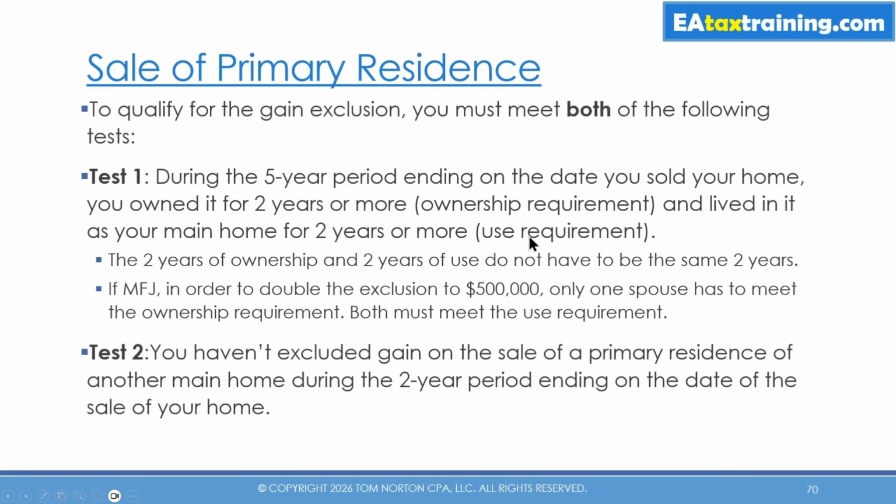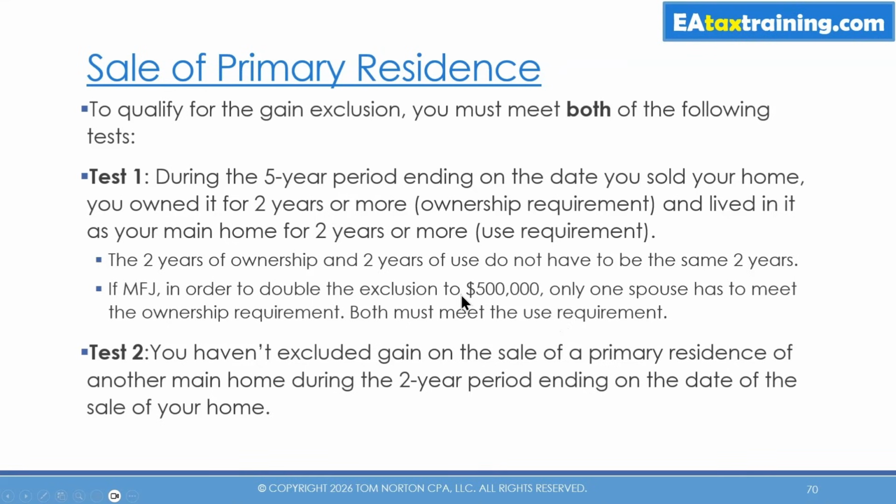That is called the use requirement. The 2 years of ownership and use do not have to be the exact same 2 years. And if you are married filing jointly, in order to qualify for the higher $500,000 exclusion, only one spouse has to meet the ownership requirement, but both spouses have to meet the use requirement.